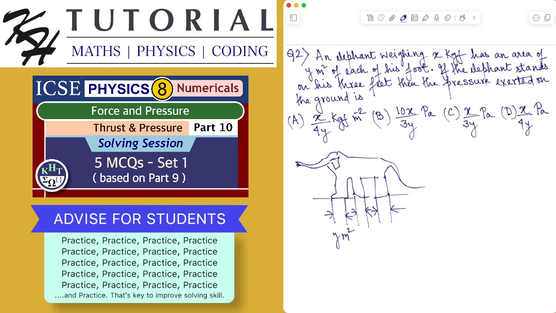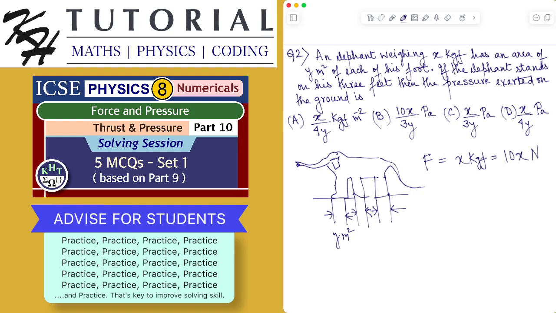So the total thrust that the elephant is applying on the ground is due to the weight. So the force here is x kgf, which is equal to 10x Newton.